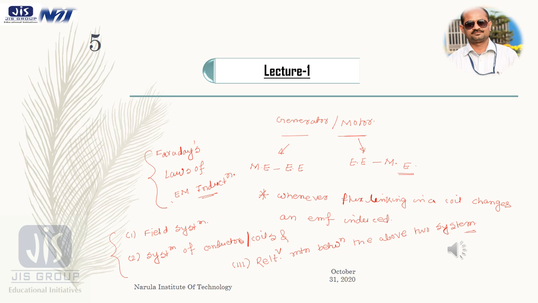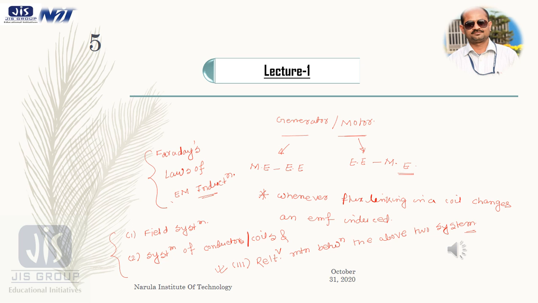I need a field system, I need a system of conductors or coils, and I require the relative motion between these two, that is between the field system and the conductors or coils. Then there is a cutting of flux and there is a production of induced EMF. Now this third requirement, the relative motion between the above systems, can be satisfied basically in two ways. What is that?